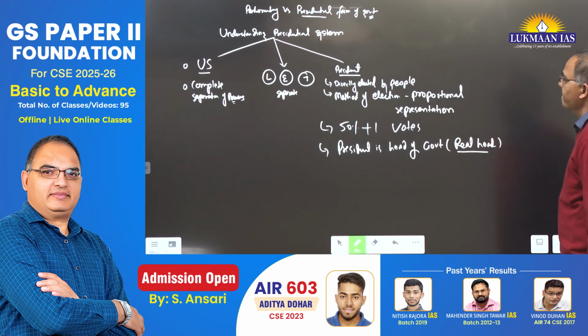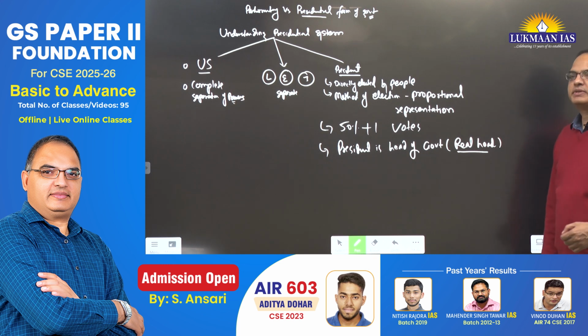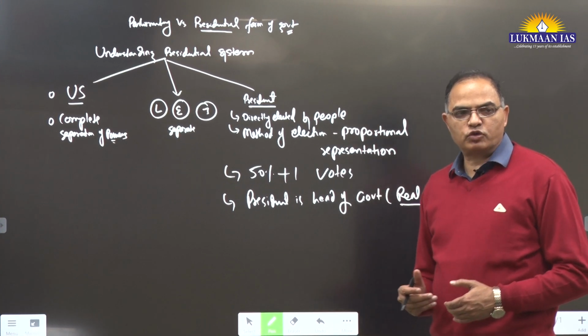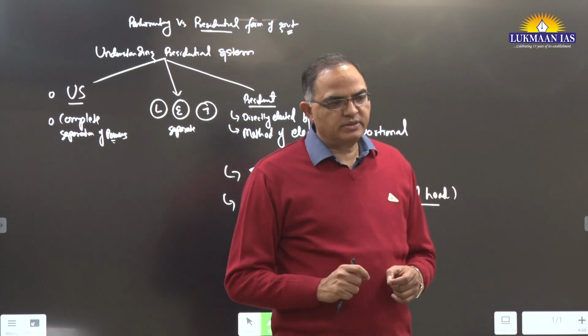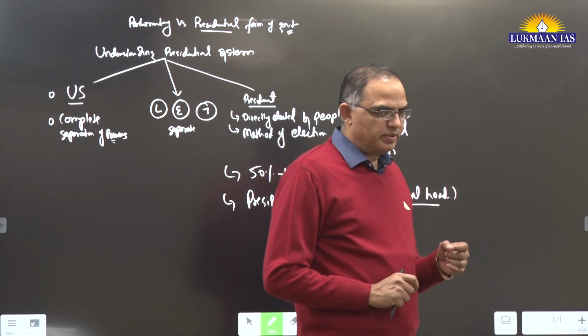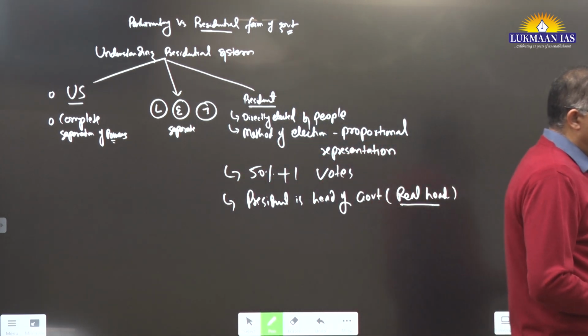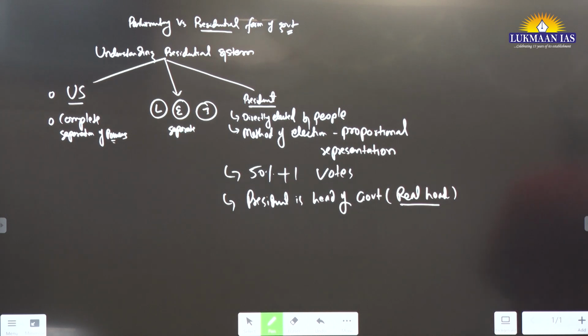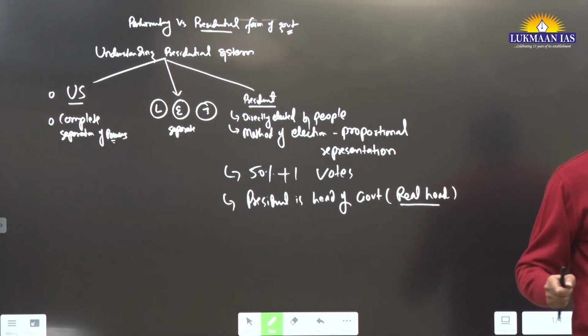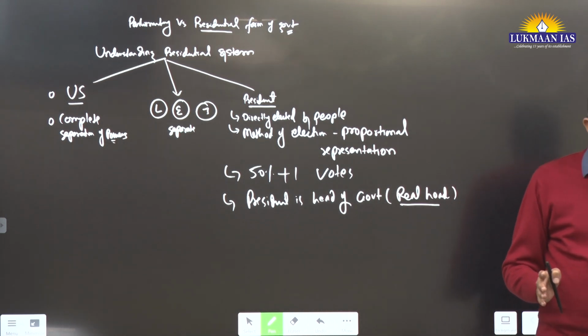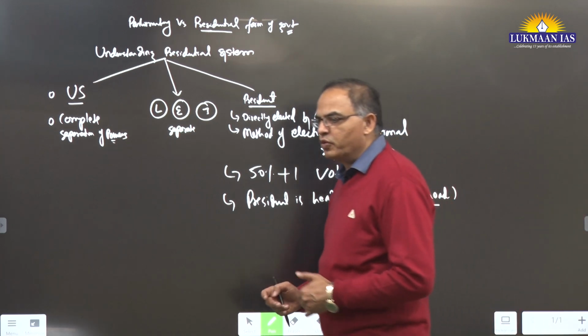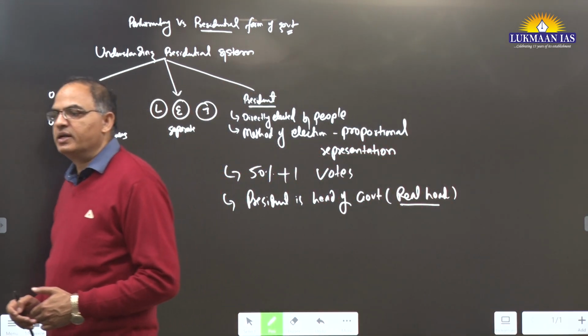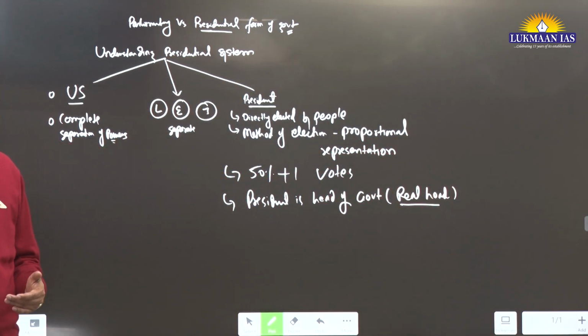Proportional representation is different from, let's say, the first past the post system. In the first past the post system you have the ballot paper, and in that ballot paper you have to give just a vote to one candidate out of suppose 4 or 5 candidates. But in proportional representation you give votes in order of preference basically.